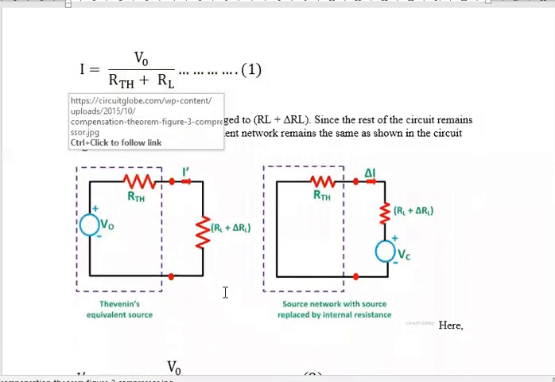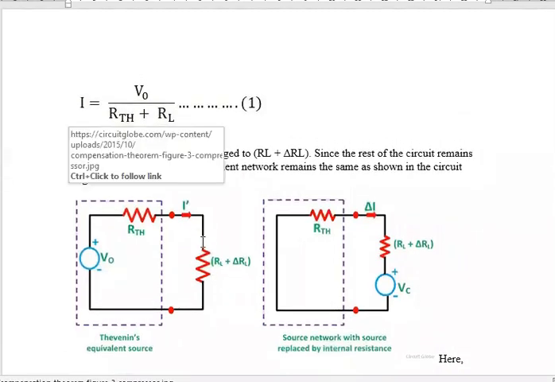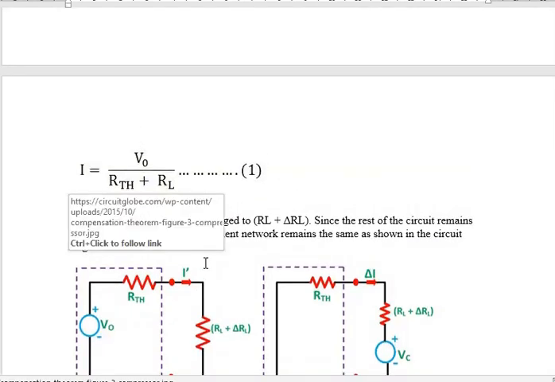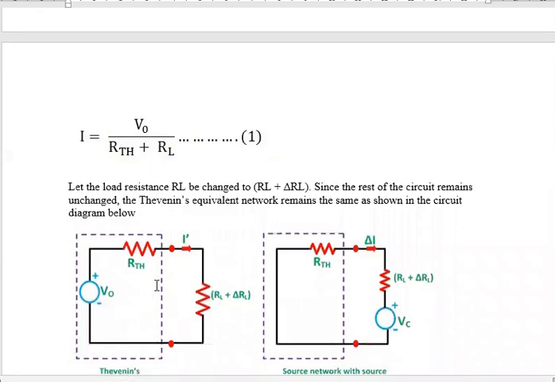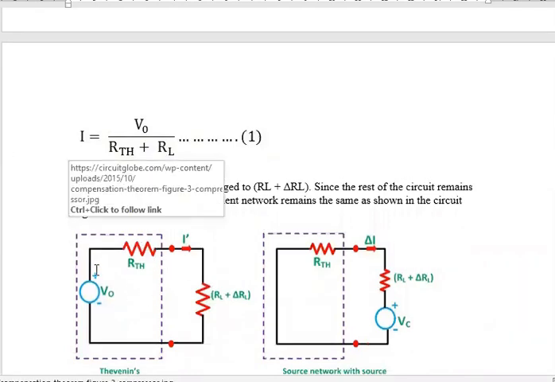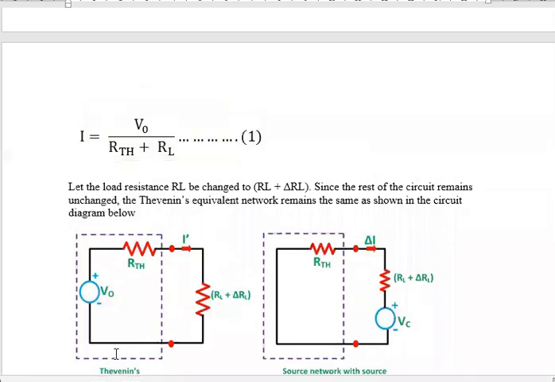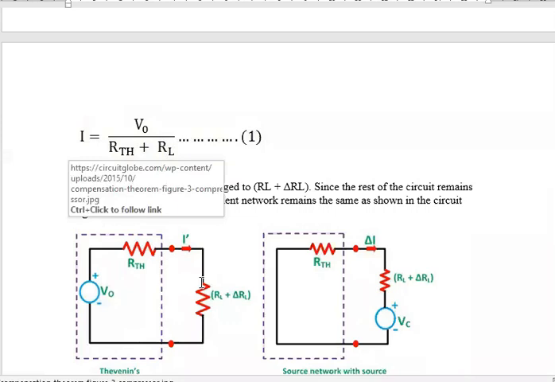So now due to change in resistance of this branch, due to addition of 2 ohms in series with this branch, there will be changes in currents and voltages in all other branches of the network. Here the network contains only this branch, but if you assume the big network in between these 2 terminals, because of change in resistance of this branch, there may be changes in currents and voltages of all other branches.